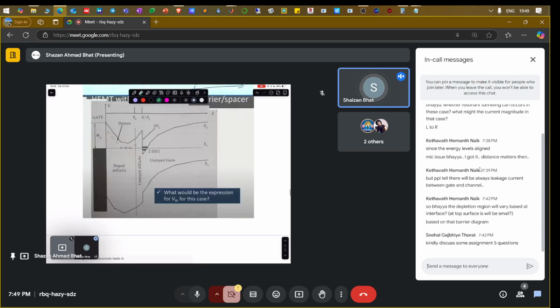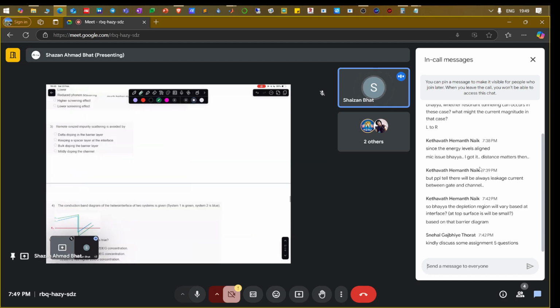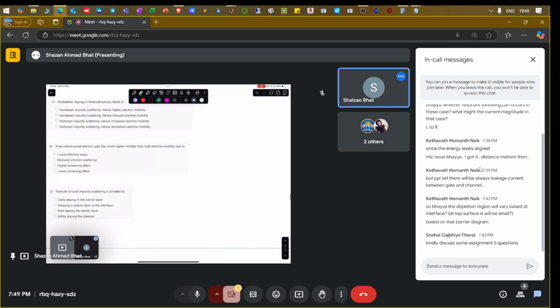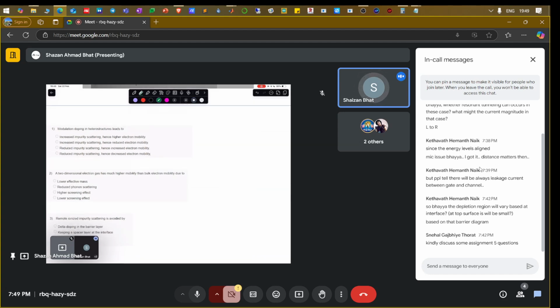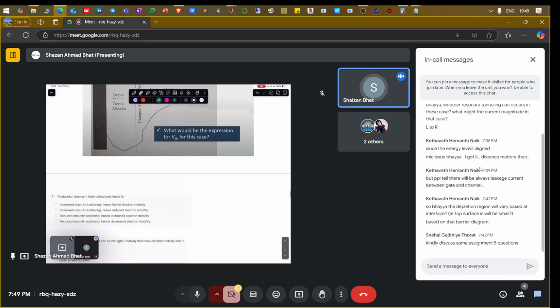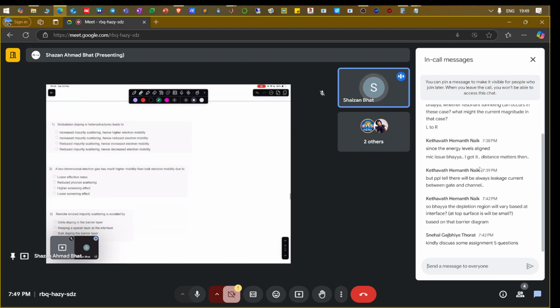All right, now let's talk about questions, because maybe we are left with a few minutes, but we can slightly extend. The questions are pretty simple, just a cakewalk if you have understood the concepts well. Modulation doping in heterostructures definitely leads to reduced impurity scattering and increased electron mobility.